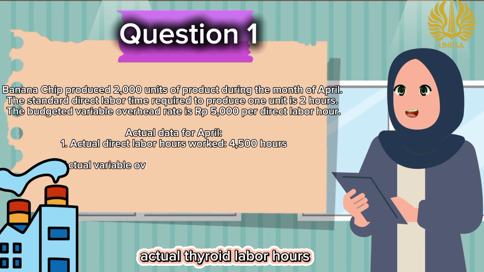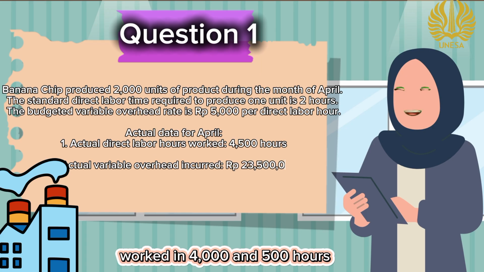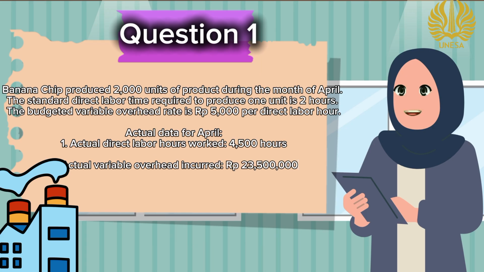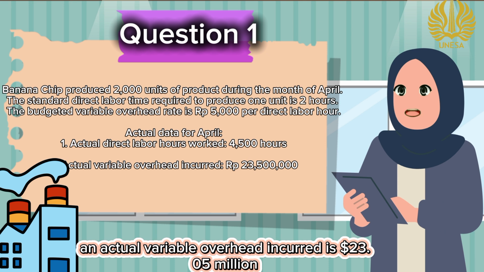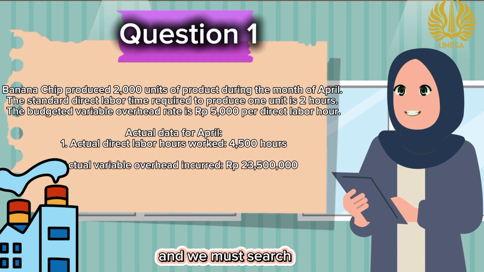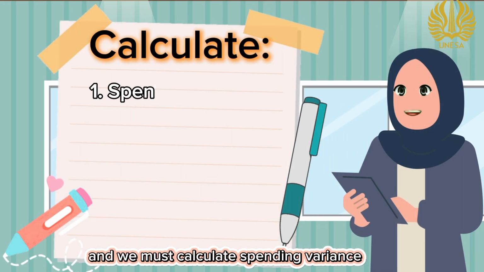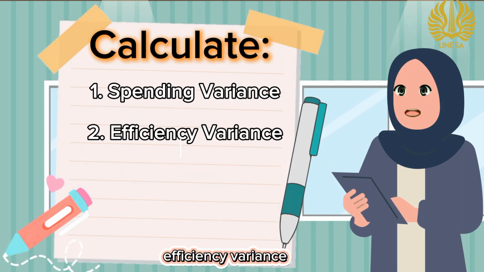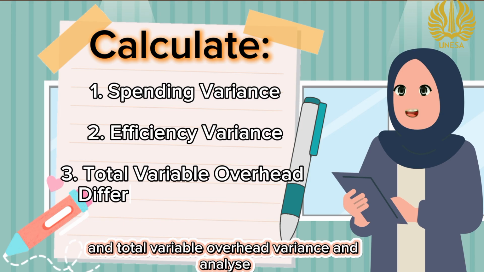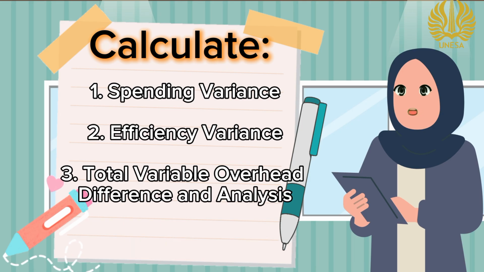Actual direct labor hours worked is 4,500 hours. And actual variable overhead incurred is $23,050,000. We must calculate the spending variance, efficiency variance, and total variable overhead difference, and analyze.